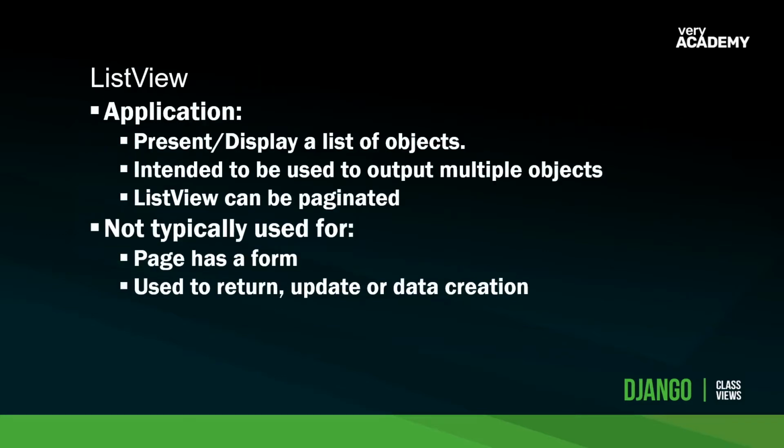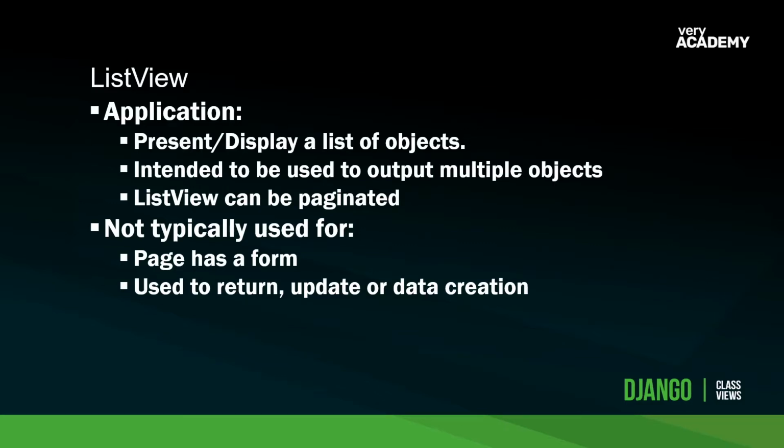As the name suggests, the generic ListView has been designed to display a list of objects. In the previous tutorials, we actually utilized the TemplateView to output multiple objects on the page. We'll compare the TemplateView and the ListView in the code.